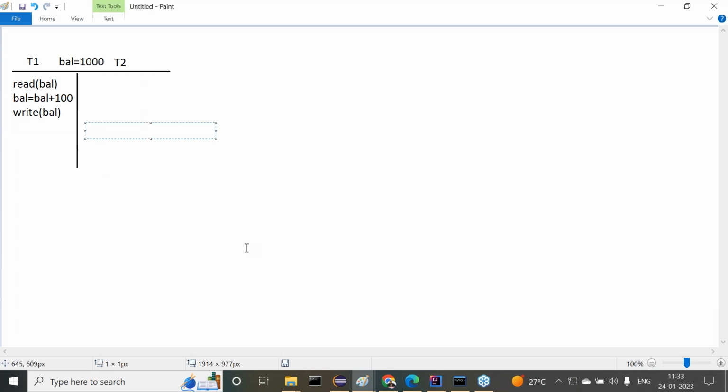But what is the T2 transaction doing? Read of bal. Bal is equal to bal plus 100.